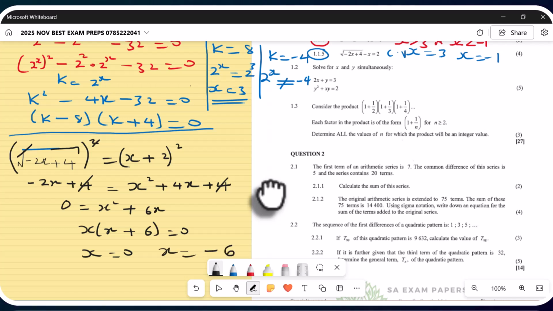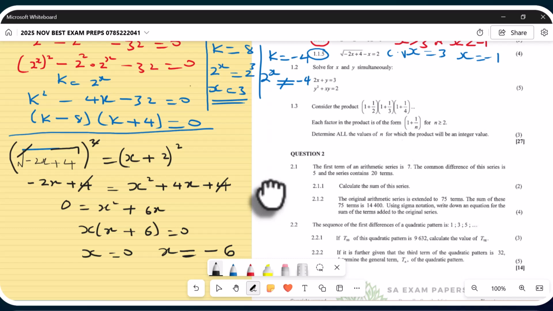Because we have here the negative 2x plus 4, let us start with 0. If I put a 0 here, 0 times negative 2 is 0. 0 plus 4, I get 4. Root of 4 is 2. And then 2 minus 0, I get 2. So that is correct here.